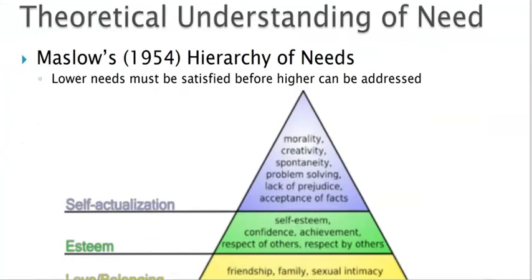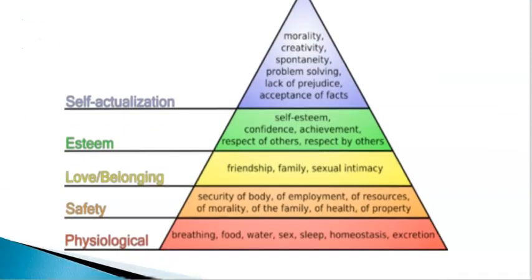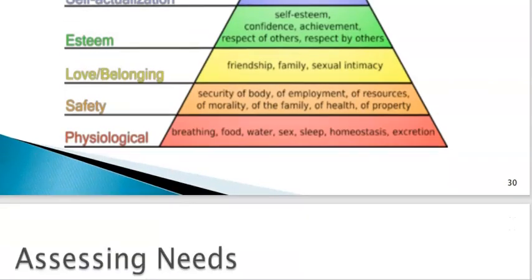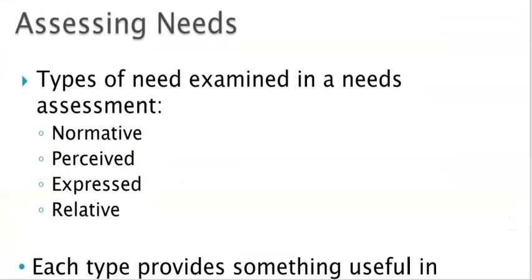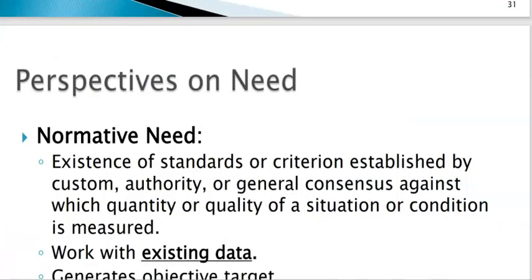You have all seen Maslow's hierarchy of needs, that at the top is self-actualization, and at the bottom is taking care of physiological need. So there are normative, perceived, expressed, and relative needs, and each type provides something useful in understanding a community.